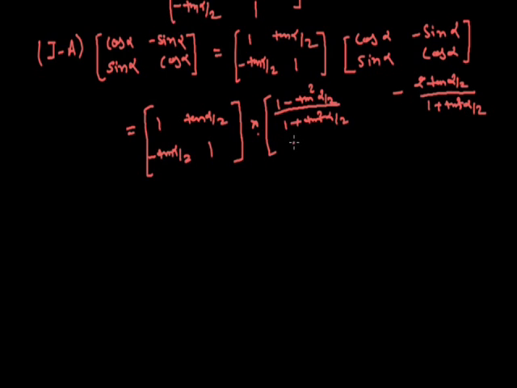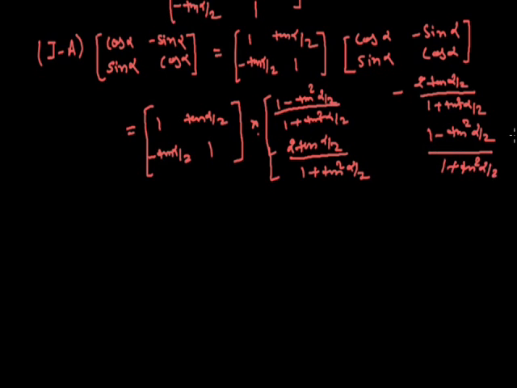Now cos alpha is 1 minus tan square alpha by 2 upon 1 plus tan square alpha by 2.